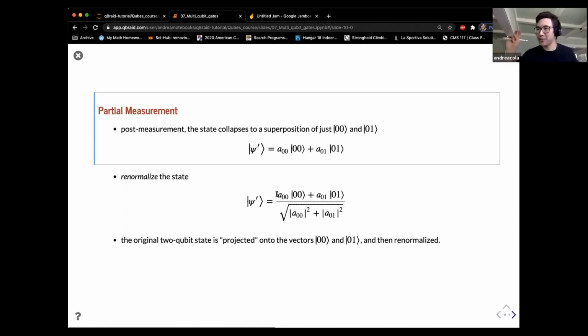The new norm would be modulus of a0,0 squared plus modulus of a0,1 squared, and I divide by the square root of this norm squared, so that the new norm of psi prime becomes equal to 1. So I'm back to a valid 2-qubit state. After the measurement, the original 2-qubit state is projected, collapsed onto the vectors 0,0 and 0,1, and then renormalized.